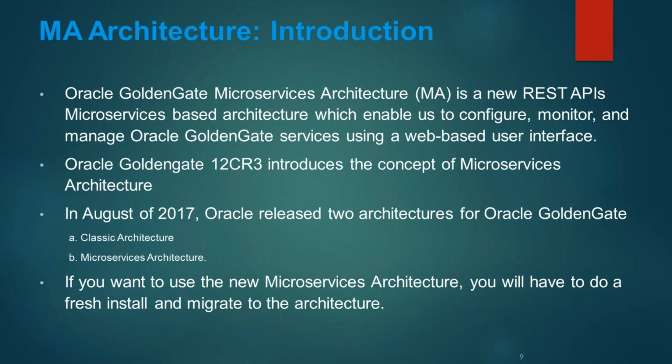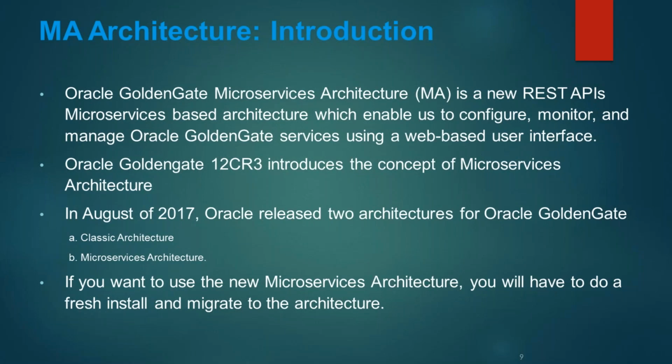You'll also see that other types of replicat have been introduced, like parallel integrated replicat and parallel non-integrated replicat as well. We'll discuss those as we move forward. However, you can consider classic architecture as the traditional architecture, and microservices architecture as the new RESTful API based architecture.